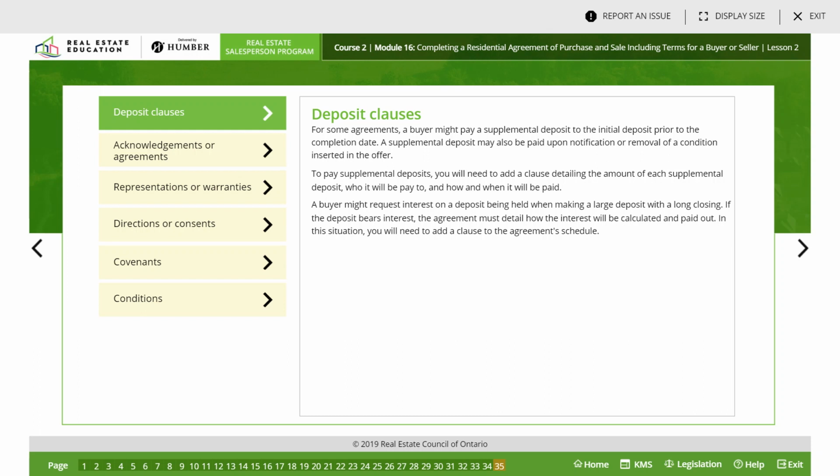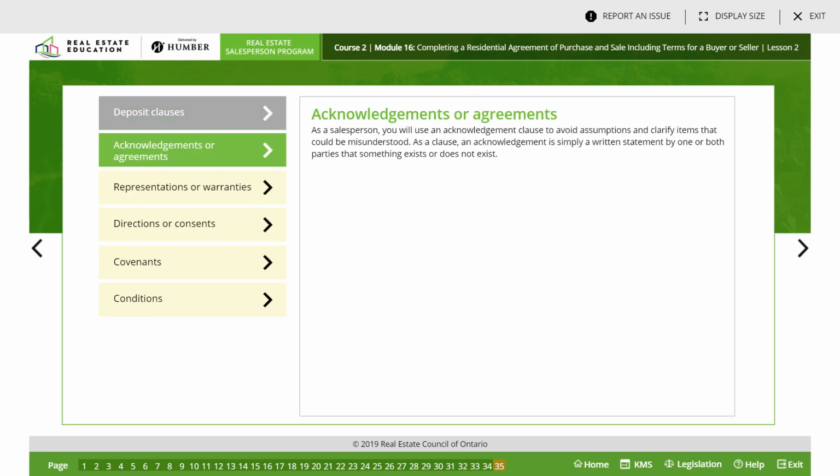A buyer might request interest on a deposit being held when making a large deposit with a long closing. If the deposit bears interest, the agreement must detail how the interest will be calculated and paid out. In this situation, you will need to add a clause to the agreement's schedule.